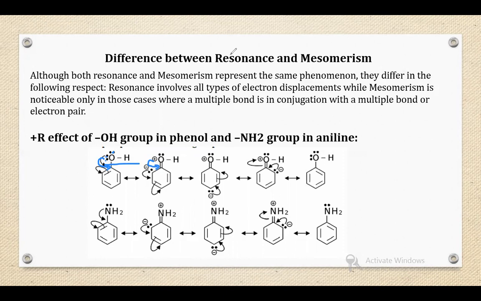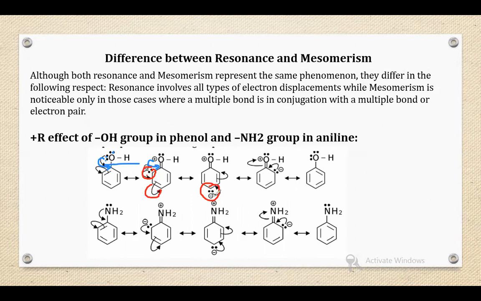I have written this earlier, so with different colors the same are given here. If this electron shifts here, giving a negative charge, then this double bond shifts here, so in the para position it gets the pair of electrons.